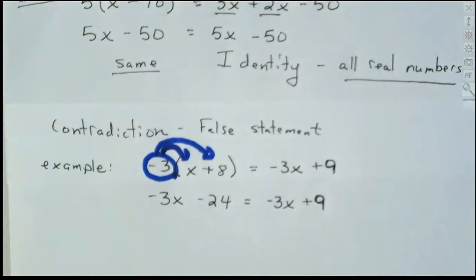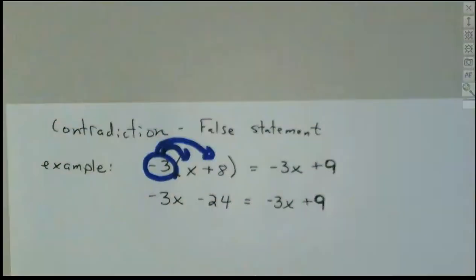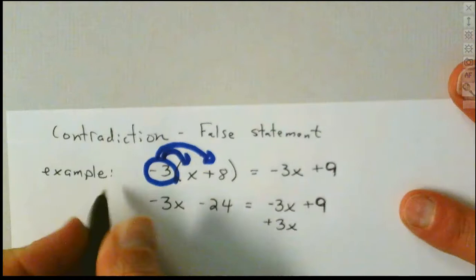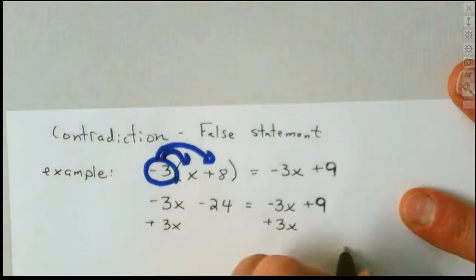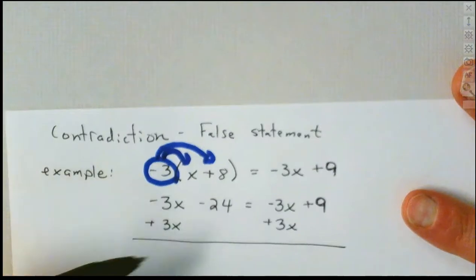Now, how is this one different from all the others? Well, if I try to get the x by itself, like I always do, and I move that 3x over with addition, like we should do, what's going to happen to the x's? One's positive, one's negative. They're both 3's.